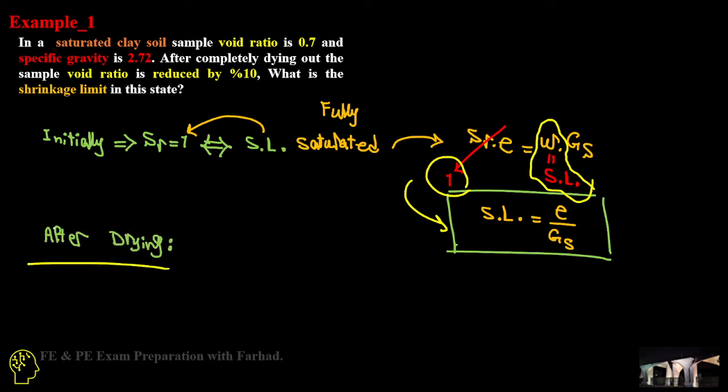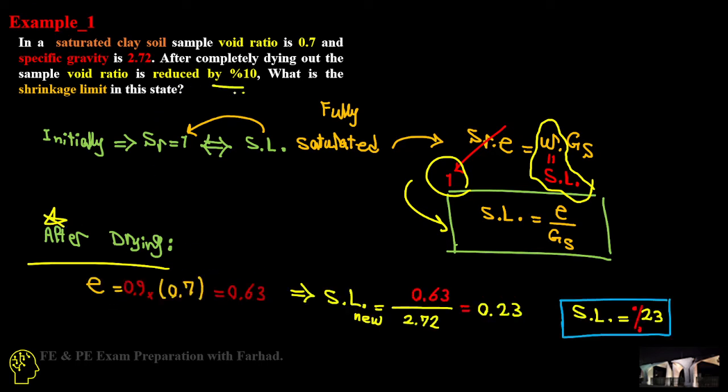And after drying, let's see what happened. After drying, our void ratio dropped by 10%. We already calculated that, it's 0.63.